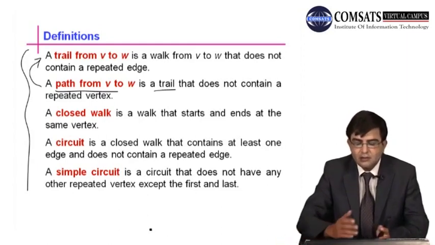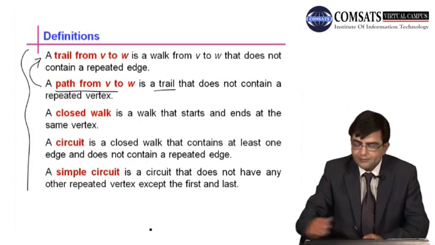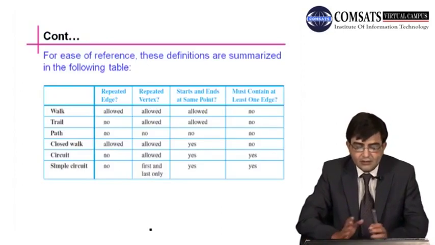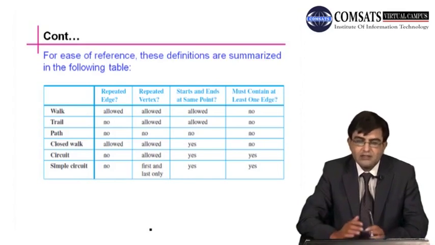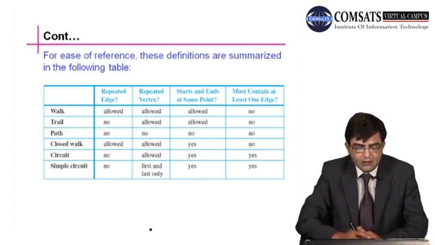So let's see all these definitions in a table, what the conditions are in a walk, trial, path, and what is the difference between all these conditions. Here in the form of a table we can understand better what is allowed in a particular type of walk, and what is not allowed in that particular walk.